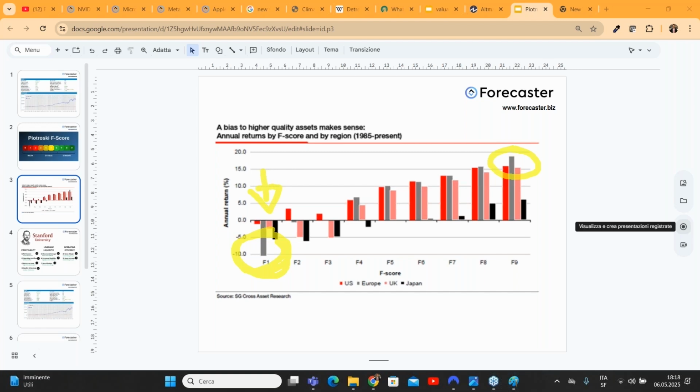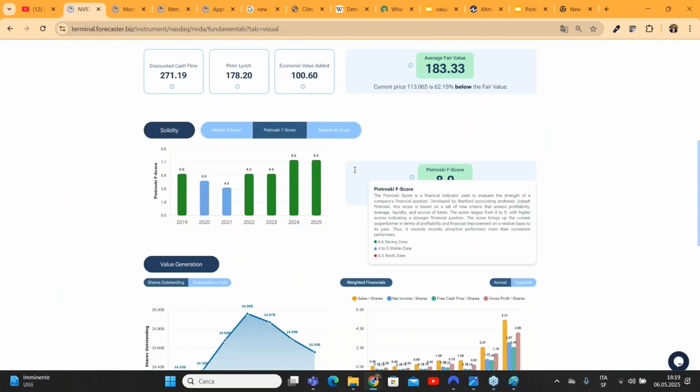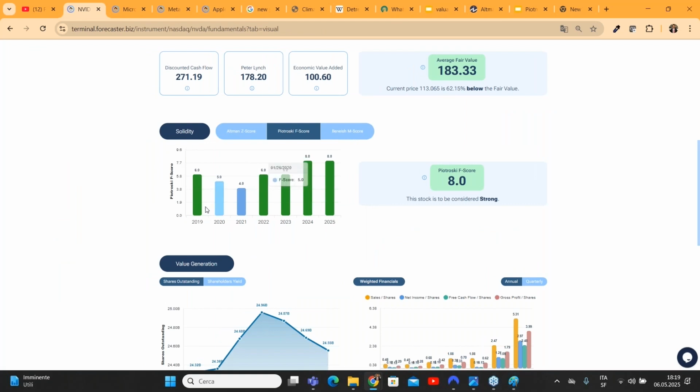And this is a very interesting metric that tells you very quickly if the company is doing good or not. And this is why we plotted not only 1 year, but of course the trend. Look, the trend for NVIDIA is very nice.